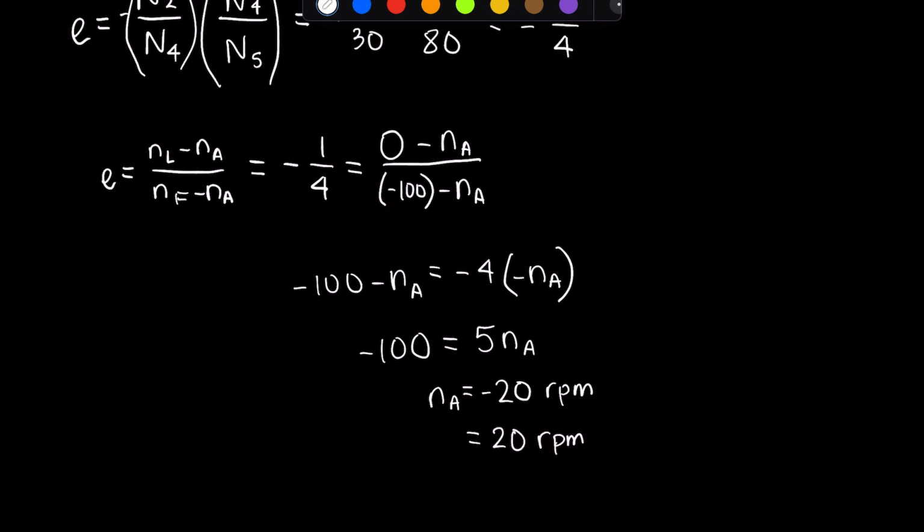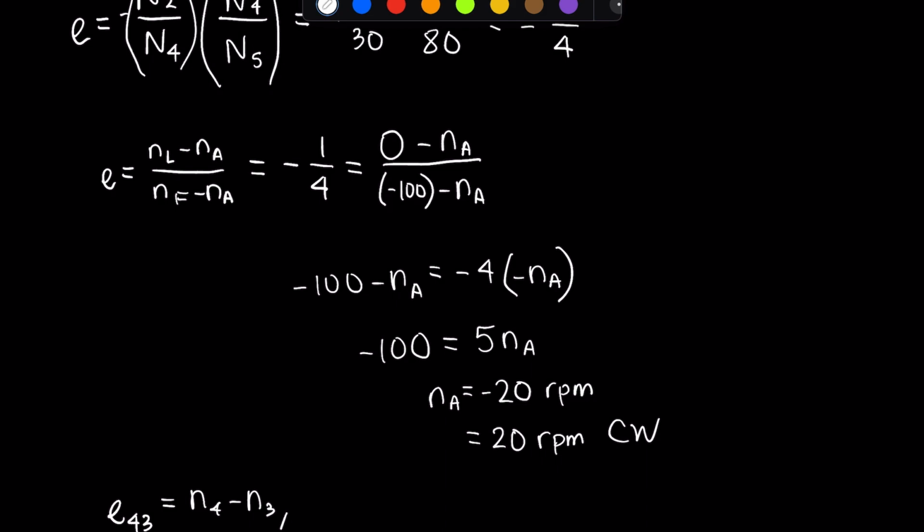which is the same as saying that it is 20 RPM clockwise. Now to obtain the speed of gear 4, we can follow the same procedure that we used to obtain this equation originally and write the relative speed of gear 4 with respect to the arm, gear 3. That is N4 minus N3.